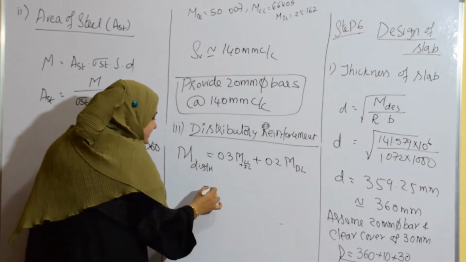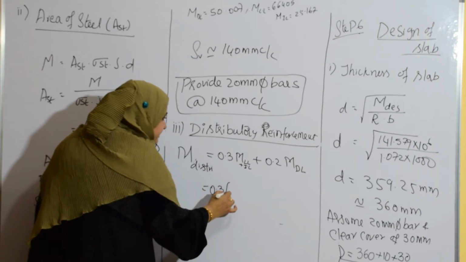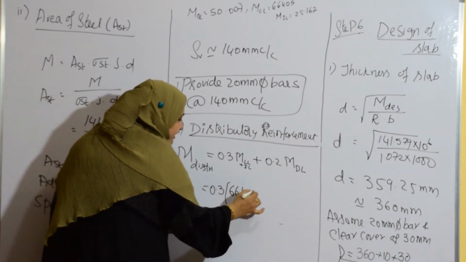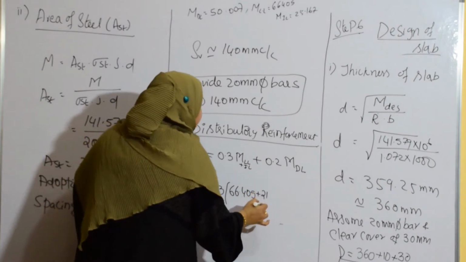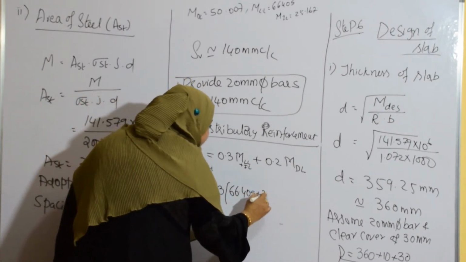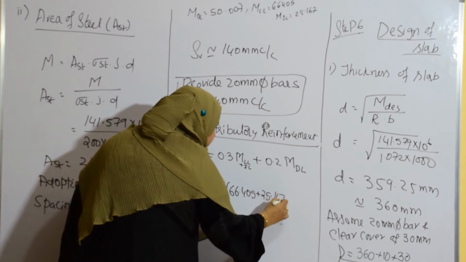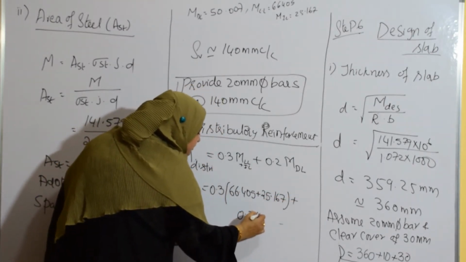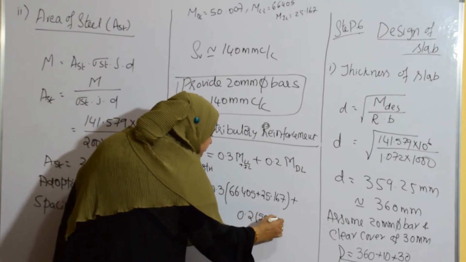So let us calculate. 0.3 times the bending moment due to live load, which was 66.405, and impact, which was 25.167, plus 0.2 times the bending moment due to dead load, which was 50.007.